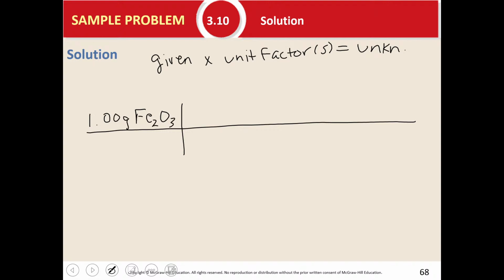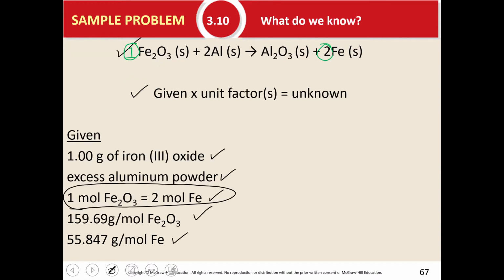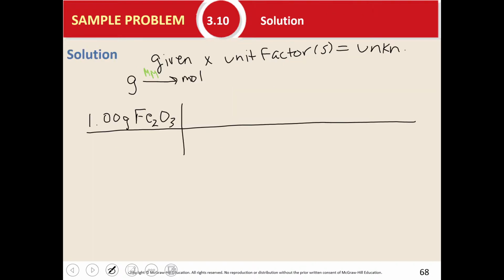Well, the answer with that is grams to moles using molar mass. And we've already calculated the molar mass of iron 3 oxide, it is 159.69 grams per mole. So grams is going to go on bottom, moles is going to go on top.